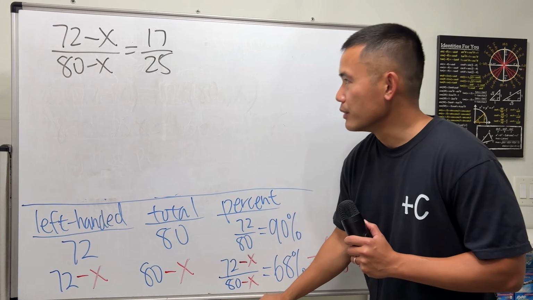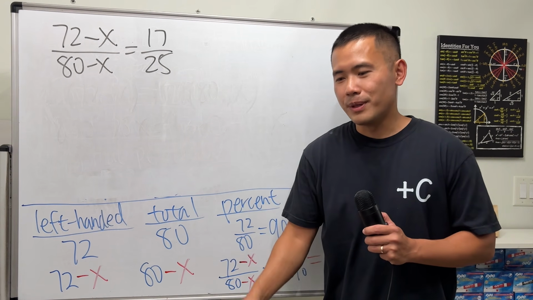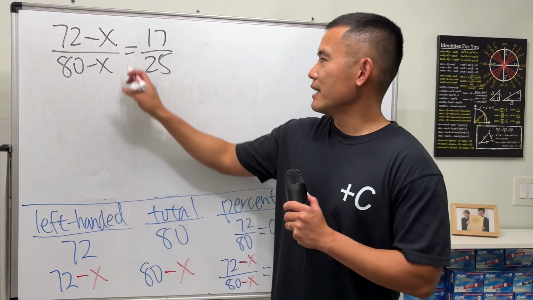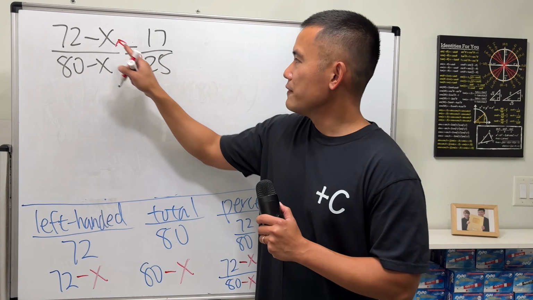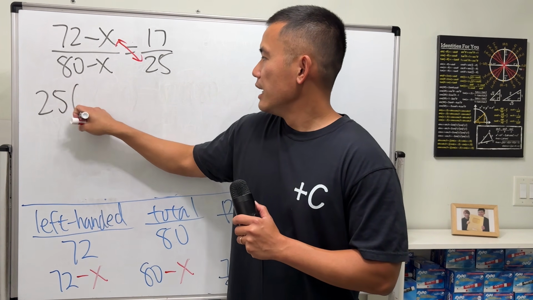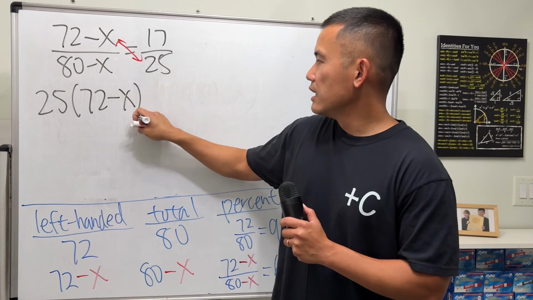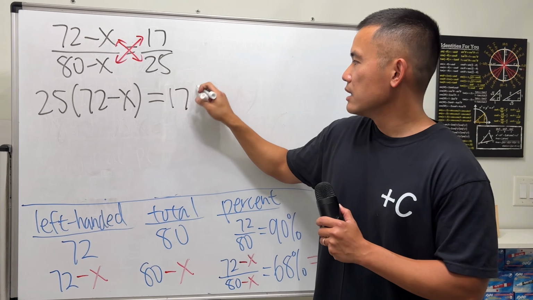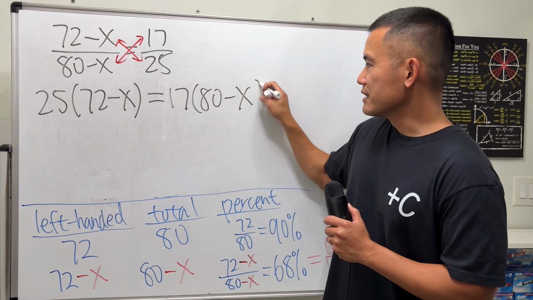And now we just have to solve for x, and of course let's go back to black pen, red pen. Here we can cross multiply. So 25 times 72 minus x has to be the same as 17 times 80 minus x.